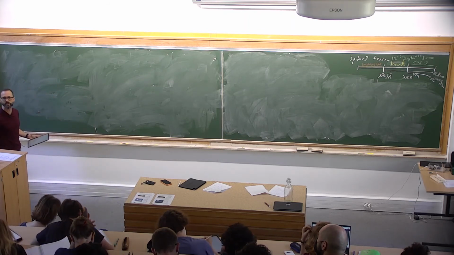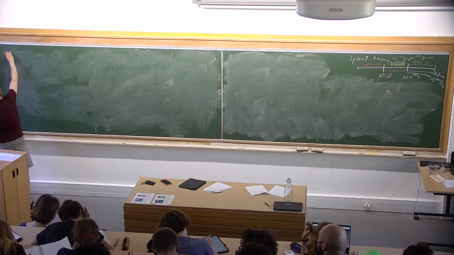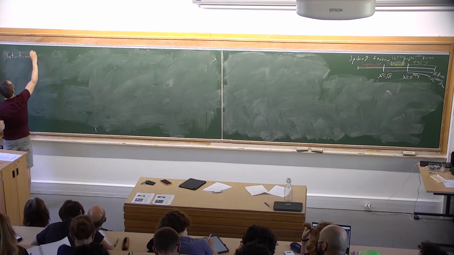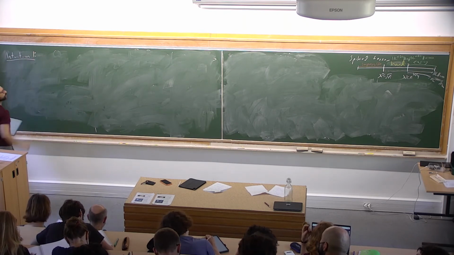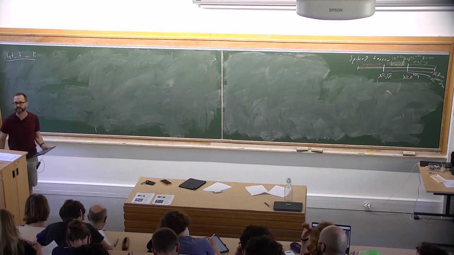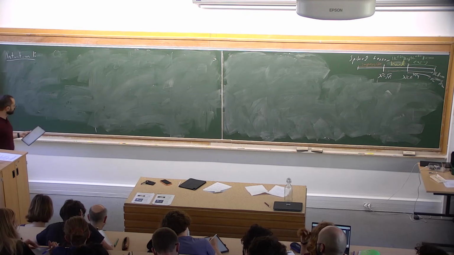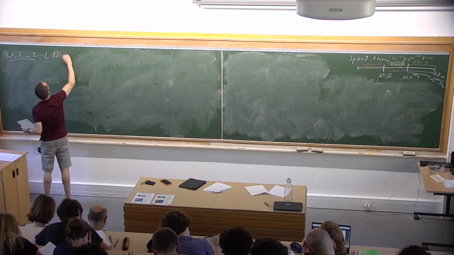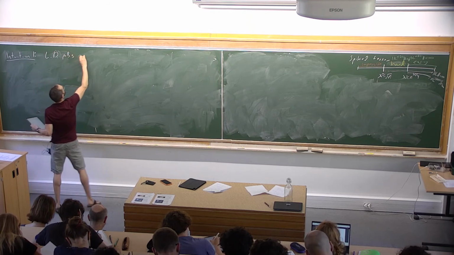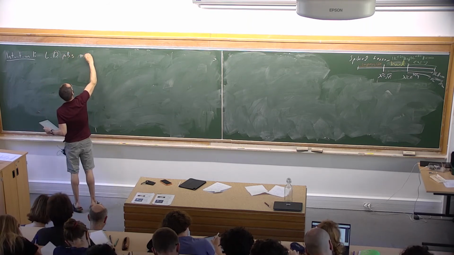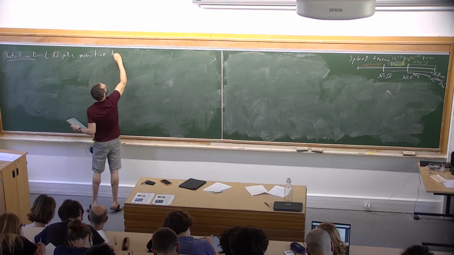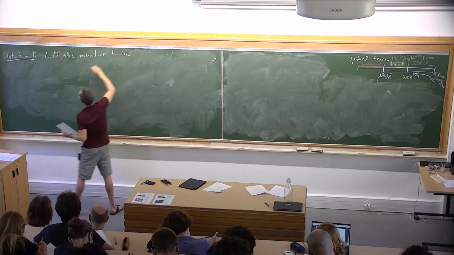I'll write them as intuitions. These are formal theorems, but there are different ways to formalize these things, so that's why I write them as intuitions. Intuition one is that low degree polynomials are insensitive to low probability events.